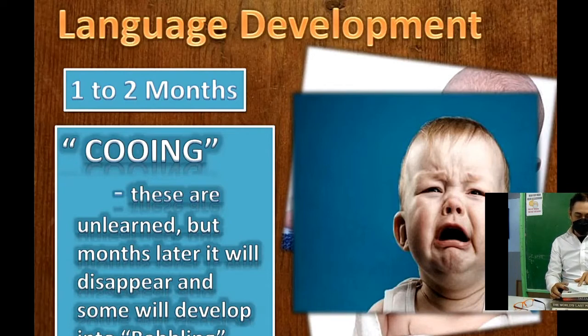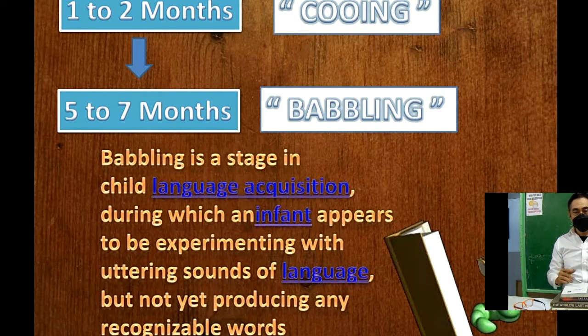Cooing. What is the term cooing? These sounds are unlearned, but months later they will disappear and some will develop into babbling. At 1 to 2 months old, the language is called cooing.